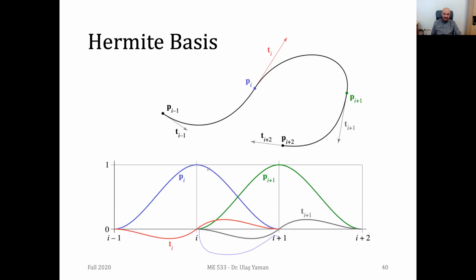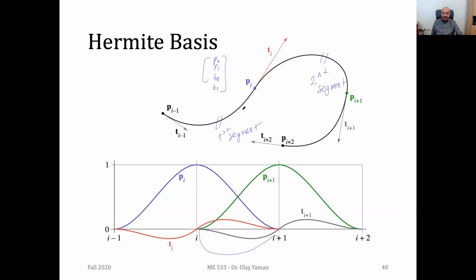And you can clearly see that all these functions are continuous. There's a nice property of Hermite basis functions, and it's just due to the tangent property. Since if you remember, we were using the start point, end point, starting tangent and ending tangent as the control points. This is the starting tangent, ending tangent, and this is the first segment. And obviously this part is the second segment.